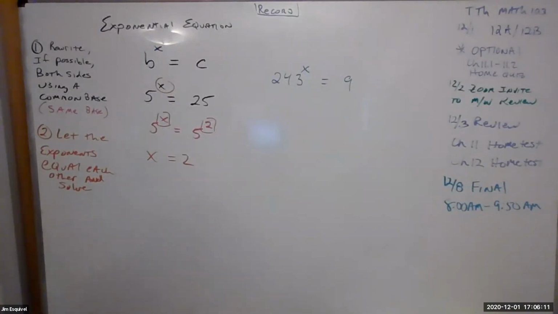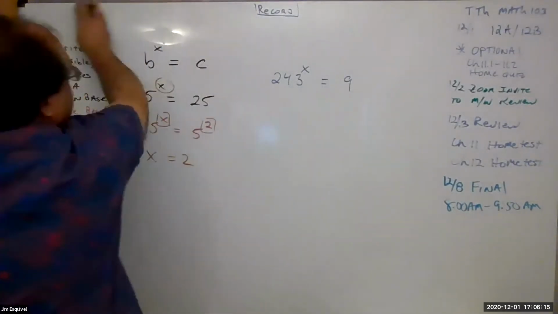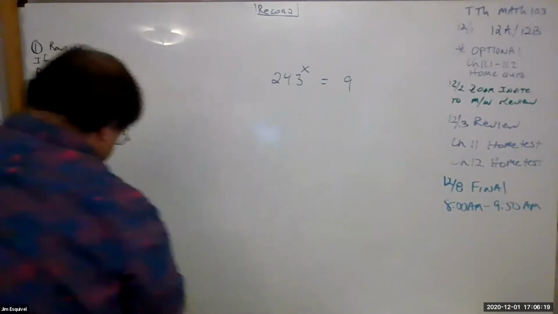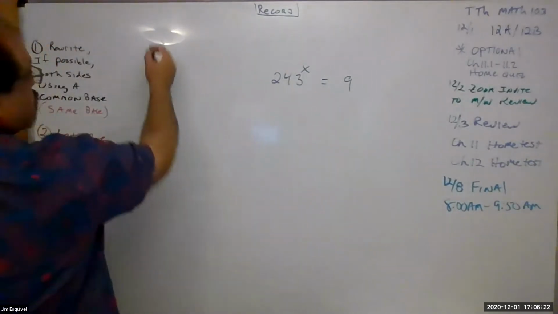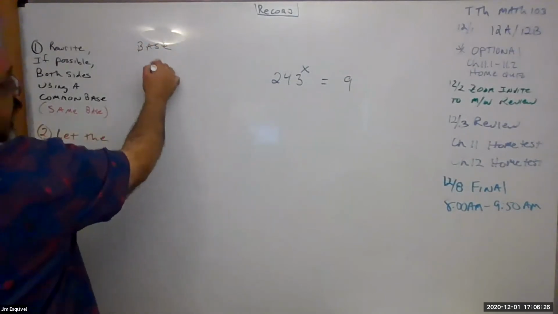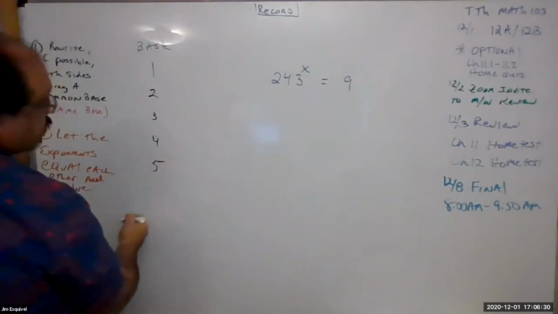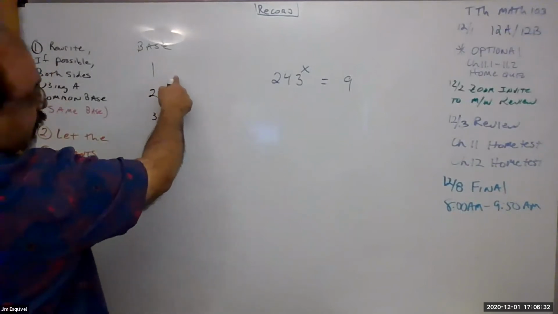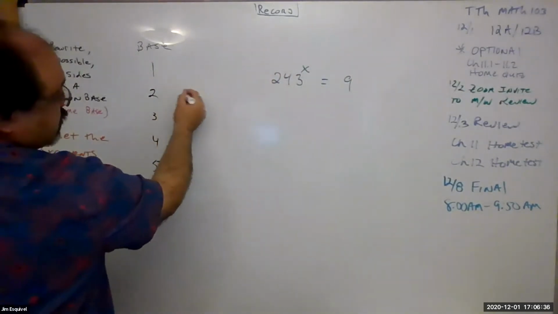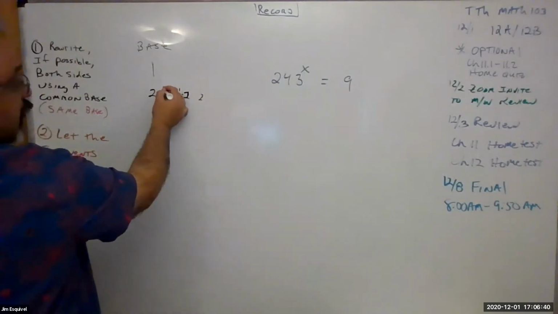What you want to do is on your list of powers, you want to find a base. So you got your bases, and on your bases, we had 1, and we had 2, and 3, and 4, and 5. And we did 1 to the first, second, third, fourth, and they're all 1. And we did 2 to the 0 was a 1.